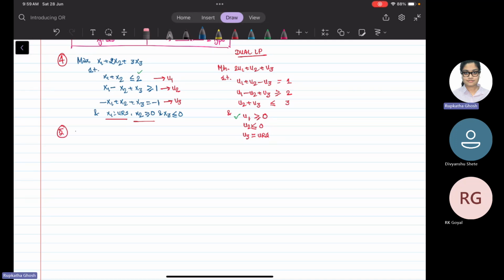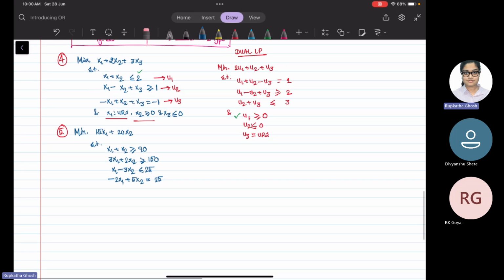Okay. So minimize 15x1 plus 20x2 subject to x1 plus x2 greater than equal to 90, 3x1 plus 2x2 greater than equal to 150, x1 minus 3x2 less than equal to 25, and minus 2x1 plus 5x2 is equal to 25.